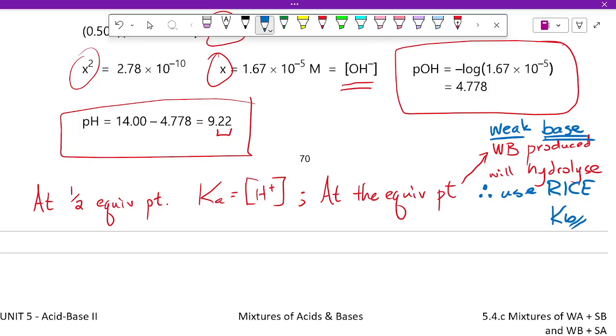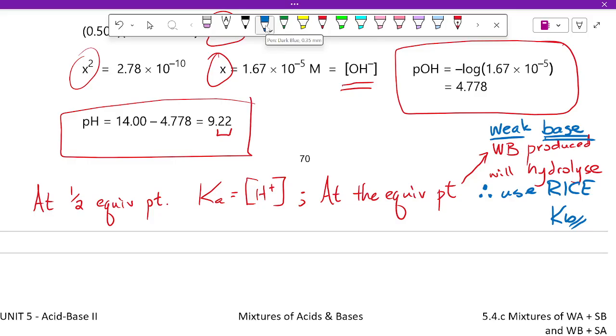There were still a few people who were given a weak base on the quiz and then found the Ka and tried to do something with it. I don't know how to make that stop other than to say you need more practice. Because if you do more practice, then you're less likely to make those mistakes.